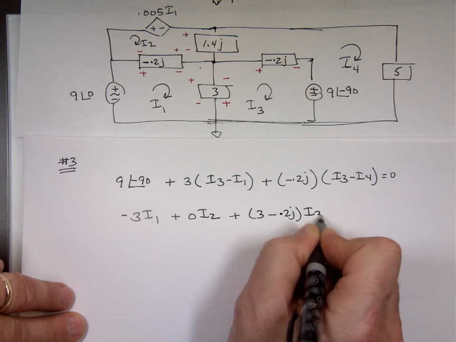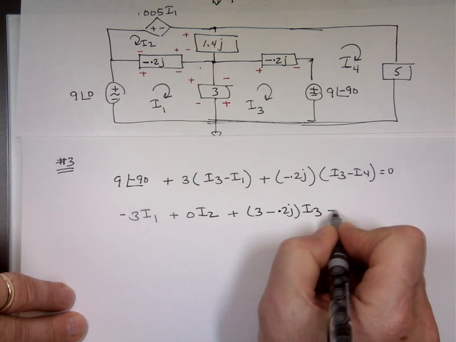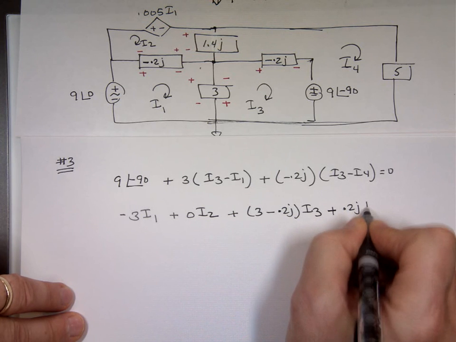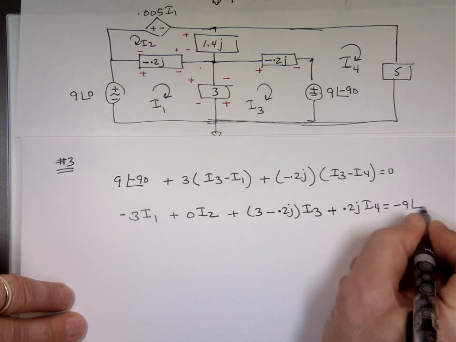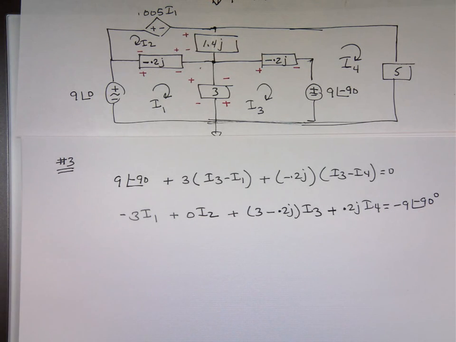What about the I sub 4? Is that plus 0.2J I sub 4 equals negative 9 angle negative 90. And that's equation number 3. One more.